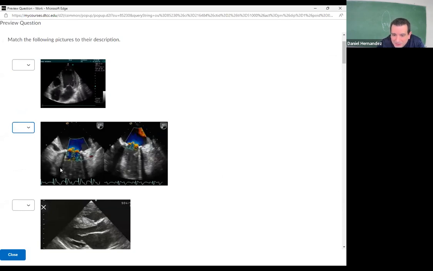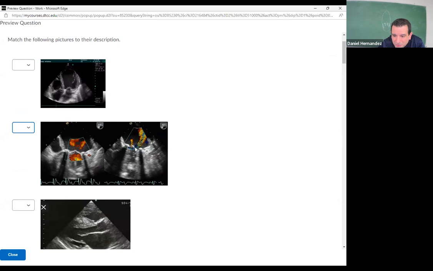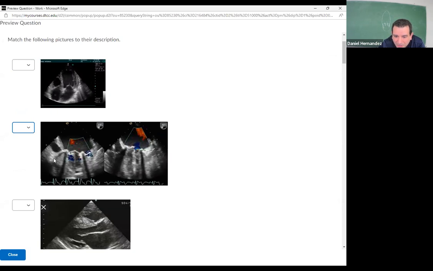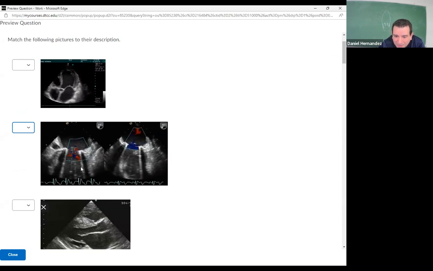So this one we could see a picture of a valve. We could see some regurgitation going on. We see 2 jets, a larger one here, a smaller one over here. But we see all this, what looks like shadowing and artifact on the other side of the valve.